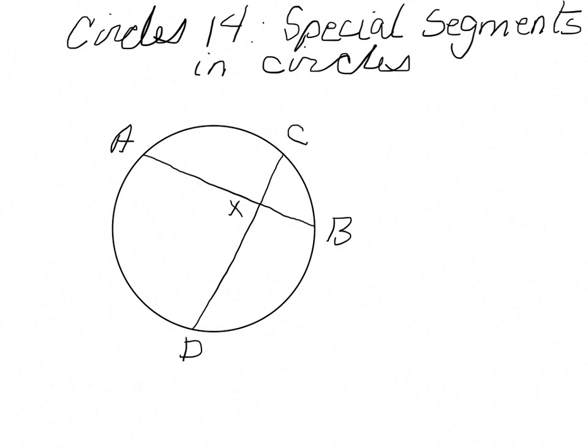And so if we look at the diagram, we have a circle here, and we have two chords, AB and DC, and AB intersects DC at point X. And what happens is that we can say that AX times XB is equal to CX times XD.